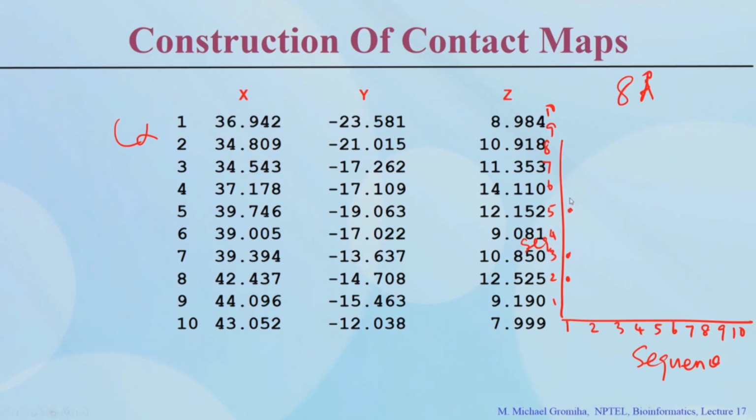Okay, let us see, about 1 and 6, not in contact. 1 and 7, no. 1 and 8, no. 1 and 9, no. 1 and 10, no.